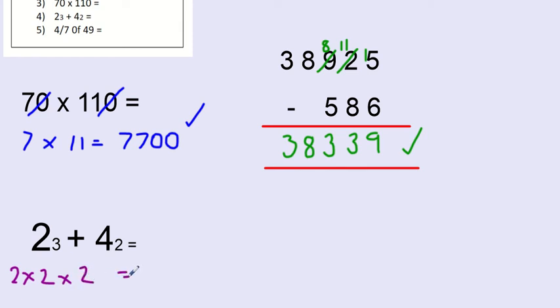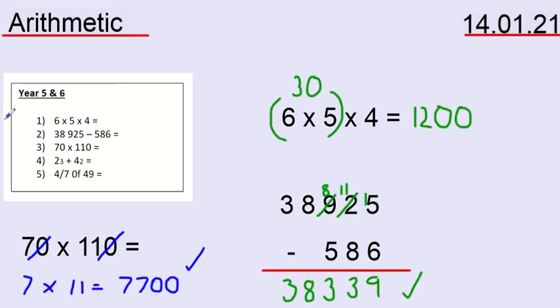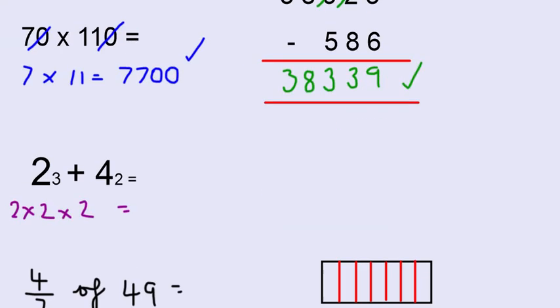So just like we did earlier up here when we had 3 numbers to multiply, we're going to start with 2 times 2, which is 4. 4 times 2 is 8. So this part of our question totals 8. Over here we've got 4 squared, and that means 4 times 4.